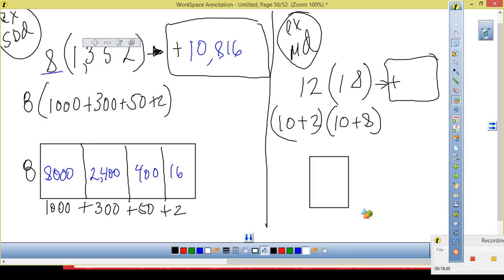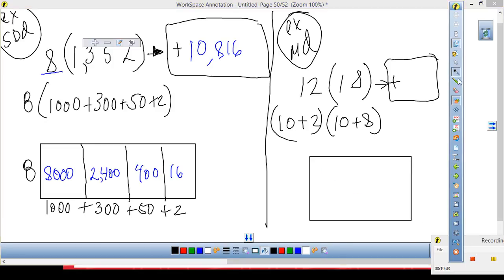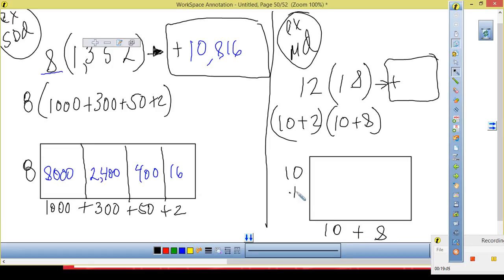It's going to be interesting. This is 10 plus 8, and this is 10 plus 2. Draw a line across where the plus is at. But wait a minute, there's another plus right here, so what do we do? Draw another one across. Oh, yeah. So watch. 10 times 10 is 100. 10 times 8, that's 80. 2 times 10, that's 20.